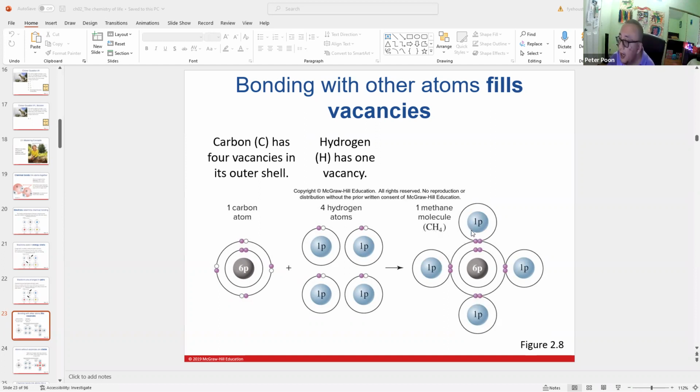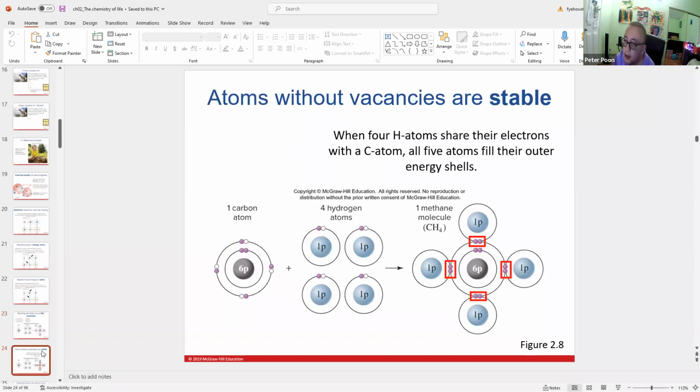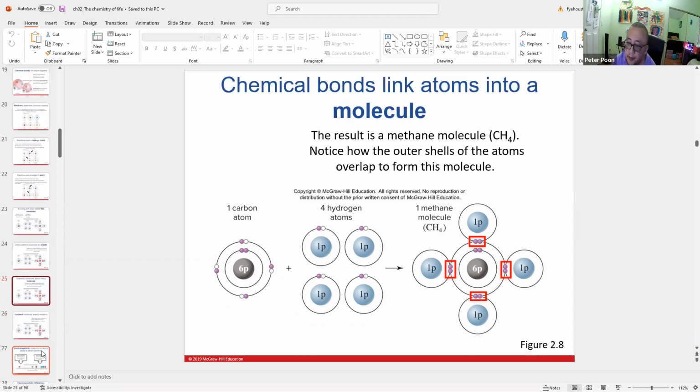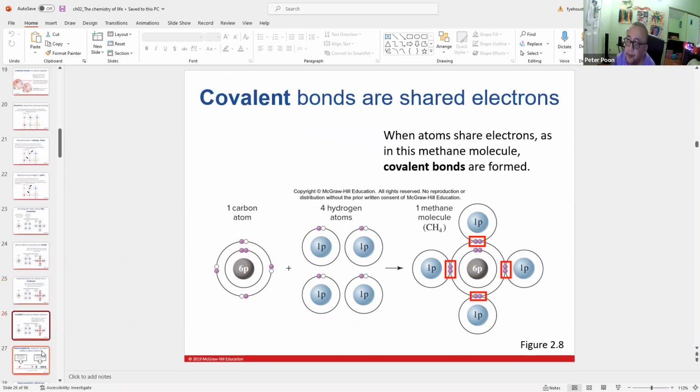Every hydrogen atom has 2 electrons, so it's happy. The carbon has 8 electrons, so it is happy. Being happy means that you're stable and don't need to interact with things. And this is a molecule.